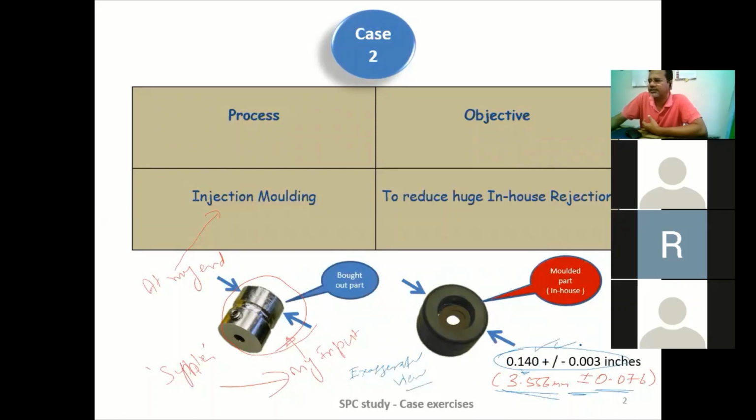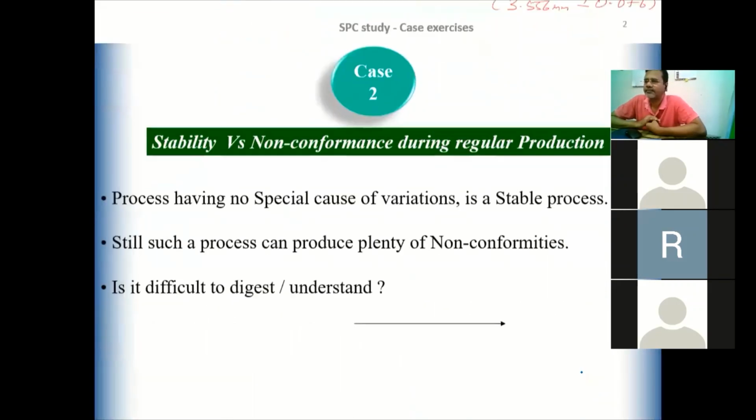The tolerance is plus minus 0.003 inches, which has been converted as 0.076. Right, I just proceed now.